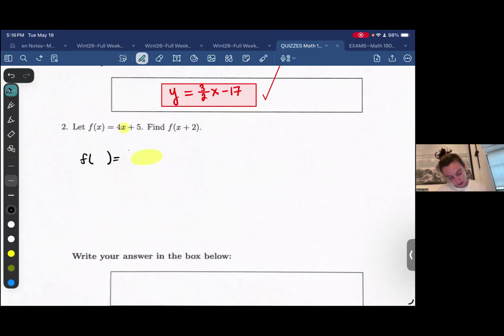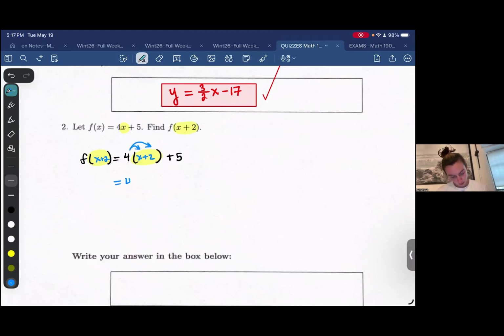And then inside those parentheses, we are going to fill it with your x plus 2. And then we're going to just simplify.